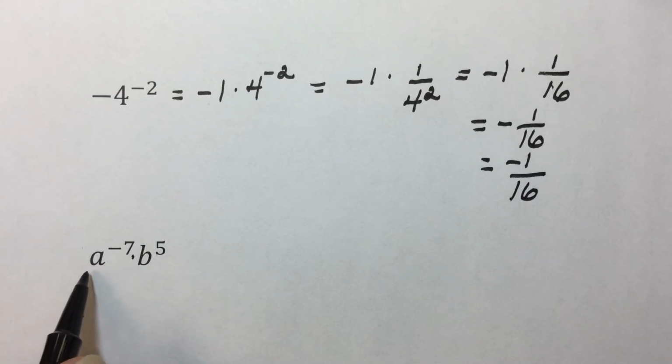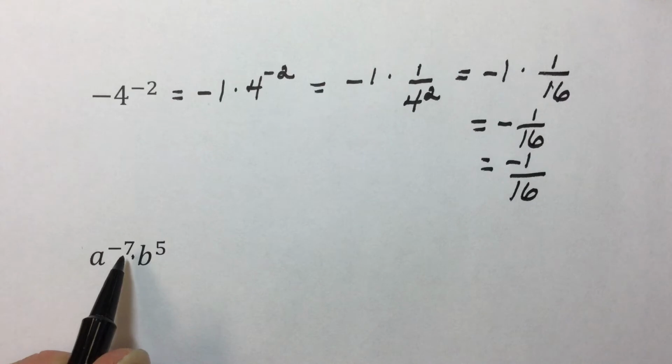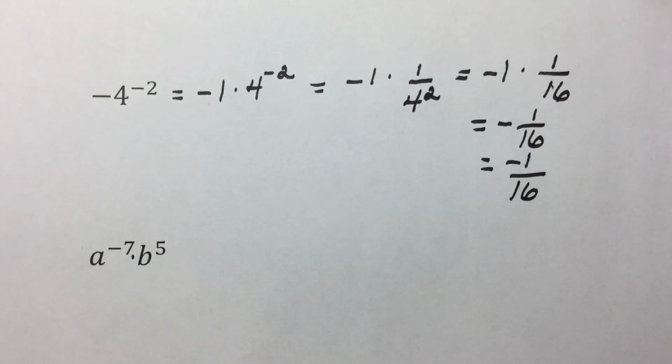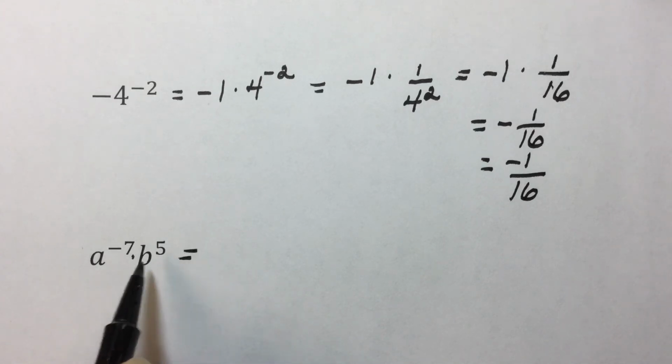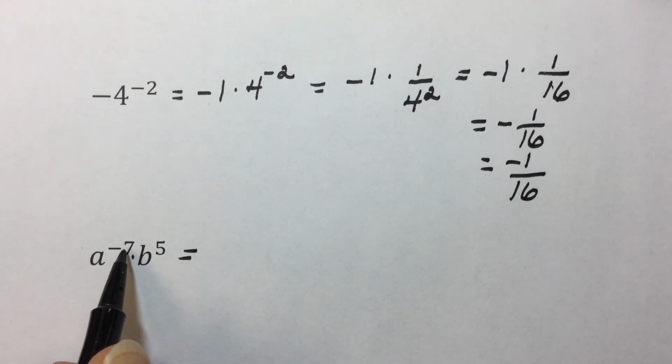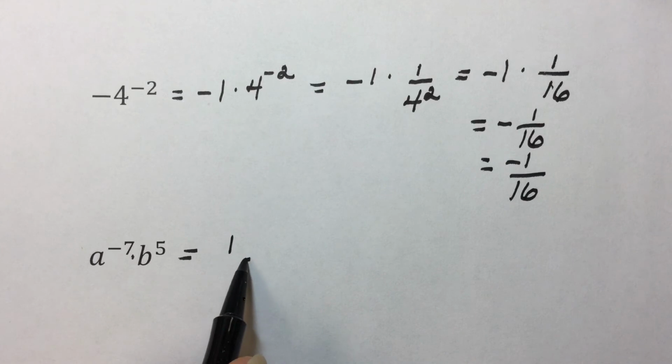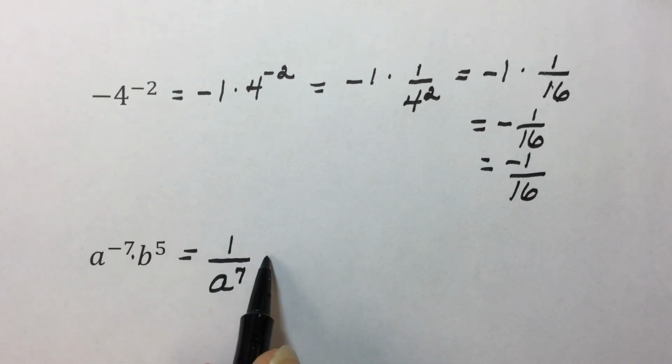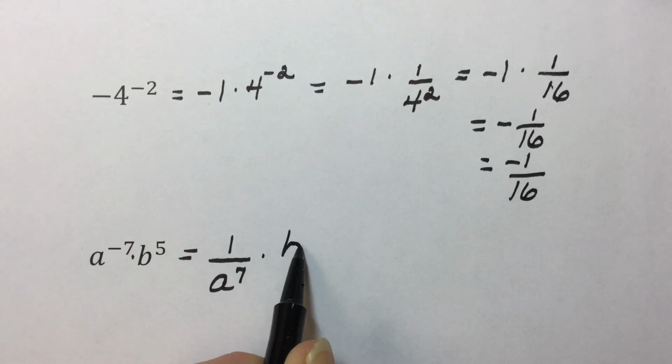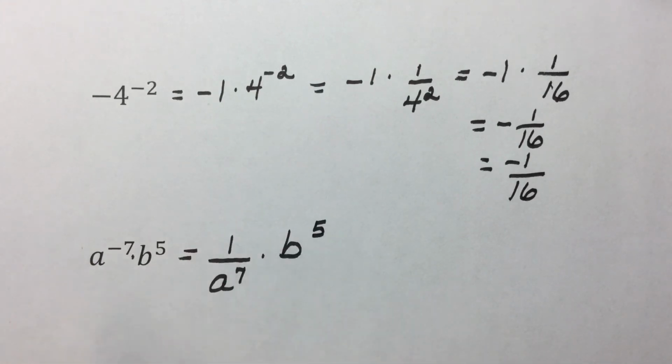This next example is a product of two things. The first variable has the negative exponent. Our directions were to express using positive exponents. So in place of a to the negative 7th, to make it positive, we drop it to the denominator. But it's being multiplied by b, which has a positive exponent, so we'll leave it alone.